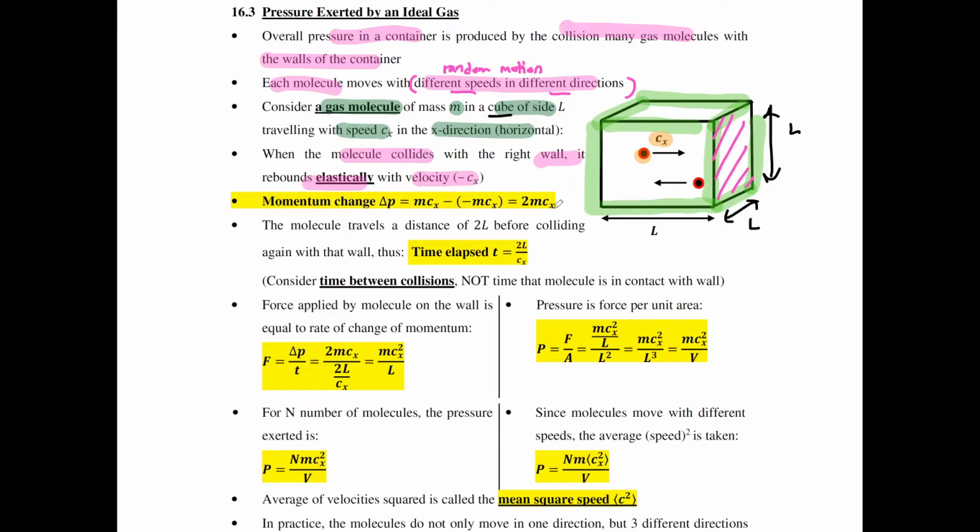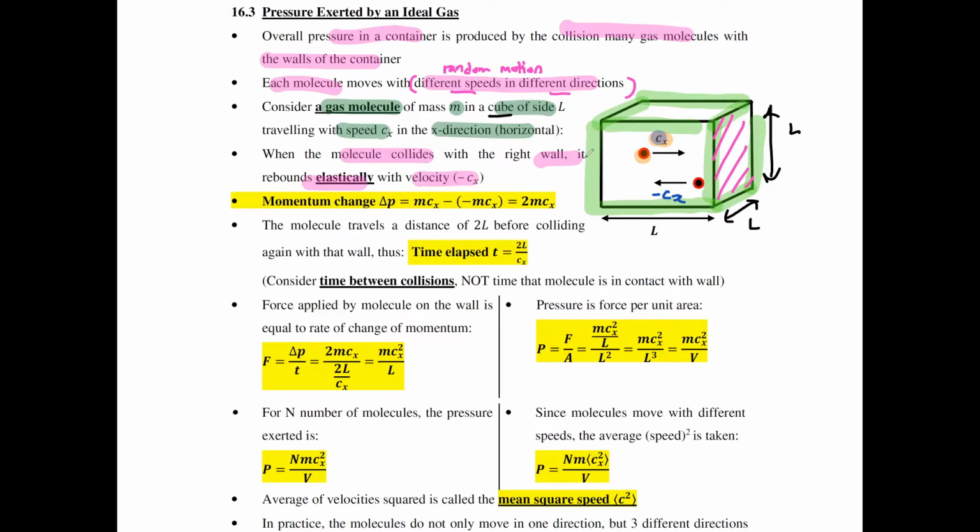Remember, in the previous page, one of the assumptions of the kinetic theory of gases is that the collisions of your molecules with the wall are supposed to be elastic. So when it's elastic, if your molecule hits the wall with a velocity of cx, it will rebound with the same speed, just in the opposite direction, so that you get negative cx here.